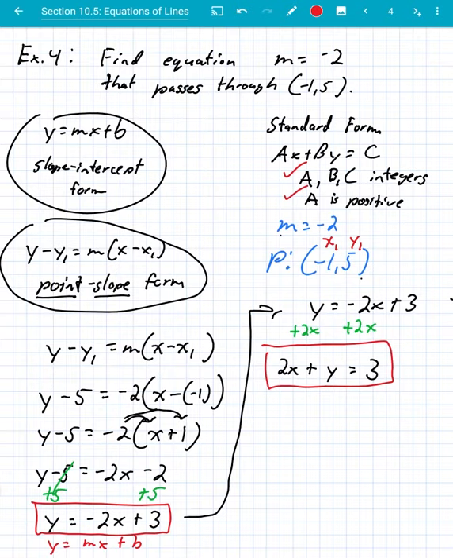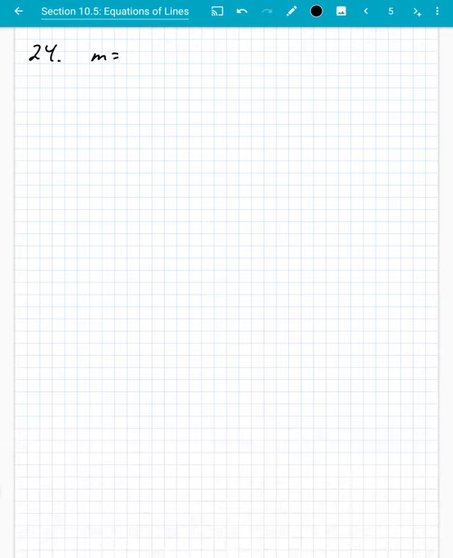Let me pull up an example from the textbook so we can go over this one more time. Let's write an equation of a line in both forms. Let's do number 24 from the book. It gives us the information m is equal to 4, and it gives us the point (1, 3).